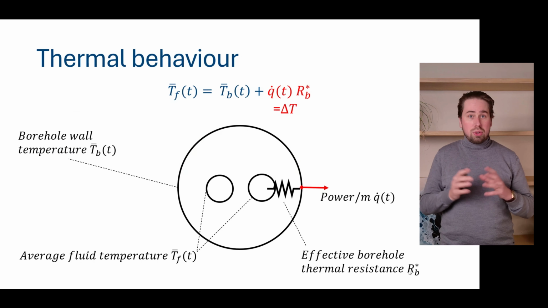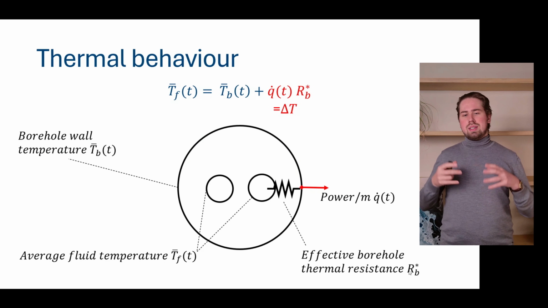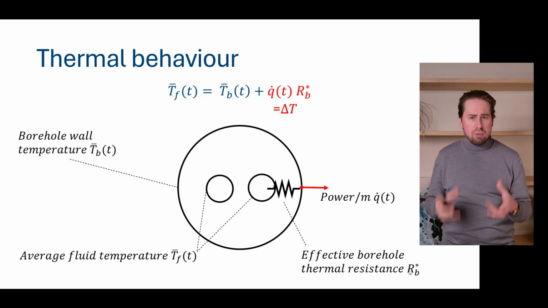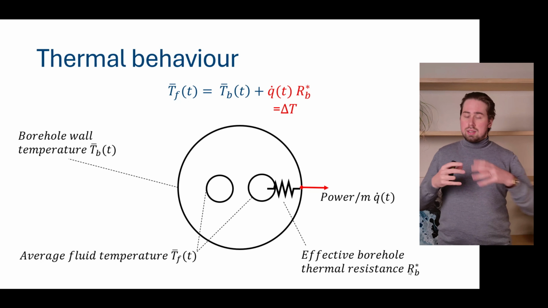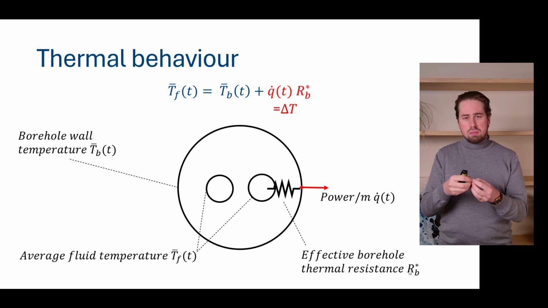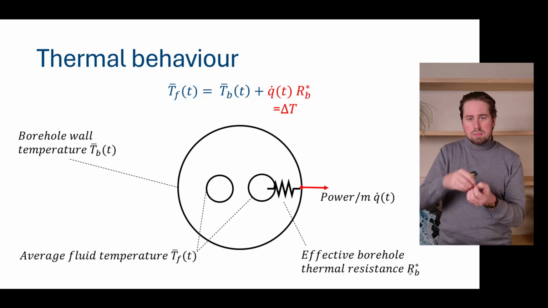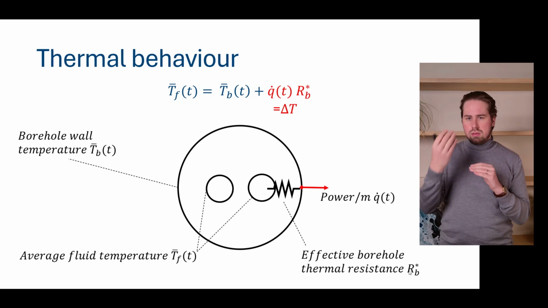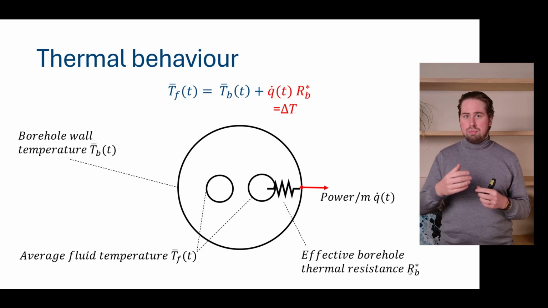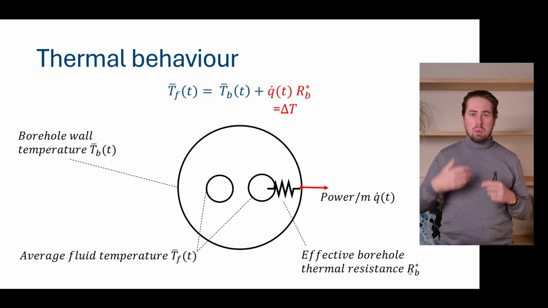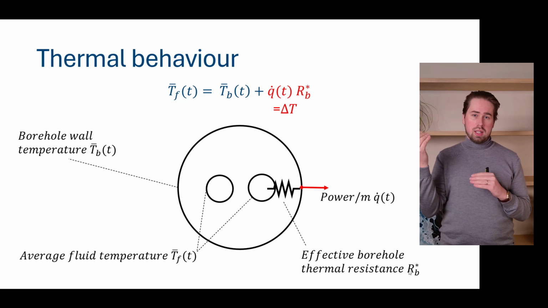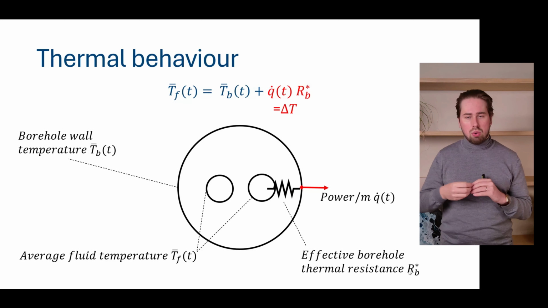Now, in order to understand further this difference between the long and the short term, let us take a look at our first equation of this course, stating that our average fluid temperature, Tf, and the bar on top indicates that's an average temperature, is equal to our borehole wall temperature. There everything starts, plus or minus a certain delta T. And so, as said, if we are cooling or we are injecting heat into the ground, our fluid temperature is warmer than our borehole wall temperature.